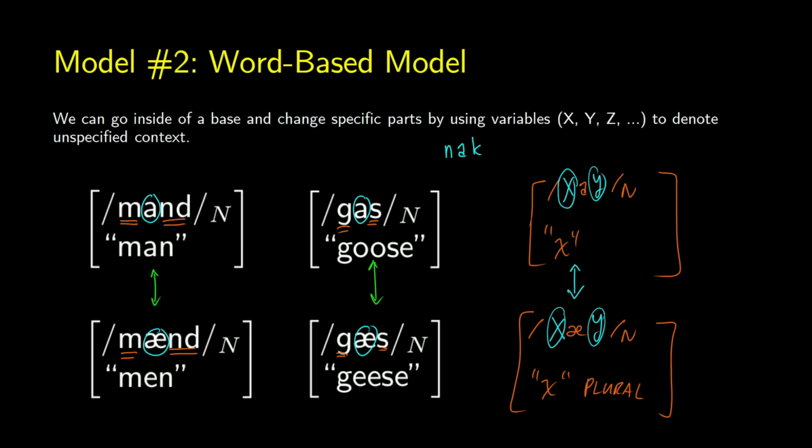So n is going to be our X here, k is going to be our Y. When we go to the plural form, we'd end up with n. That's our X, that's not changing. A is changing, and then k is our Y. So knock to neck. So that's how we can use the word-based model to show internal change.